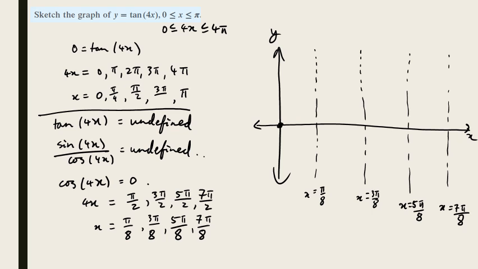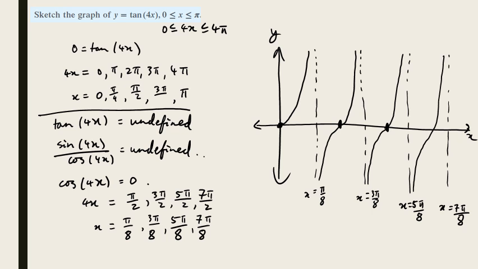Then start drawing. Now put in your intercepts. Oh, made a mistake there. That's divided by 4, so 3 pi over 4, and then that's a pi.